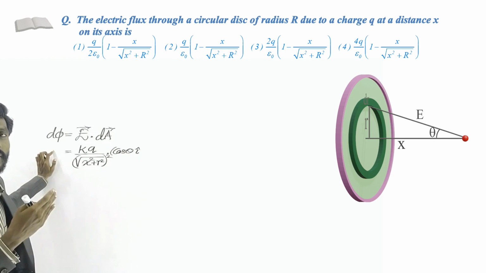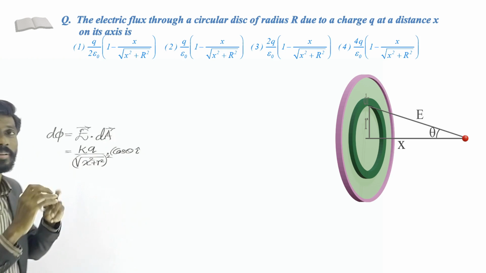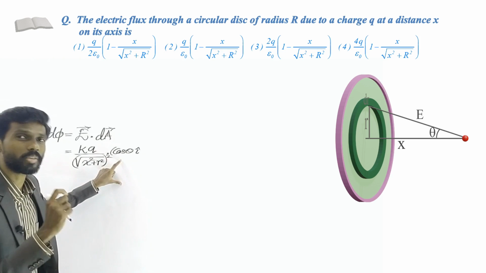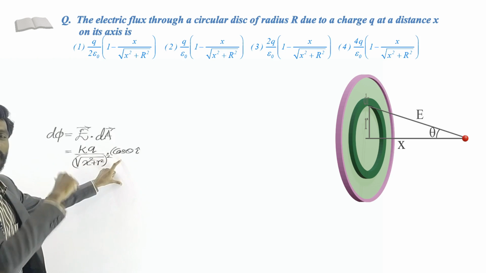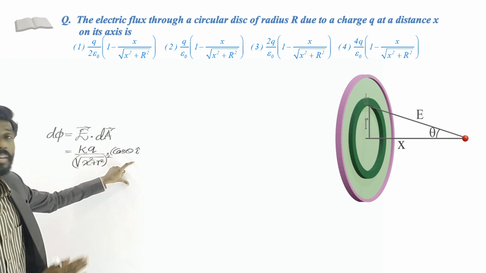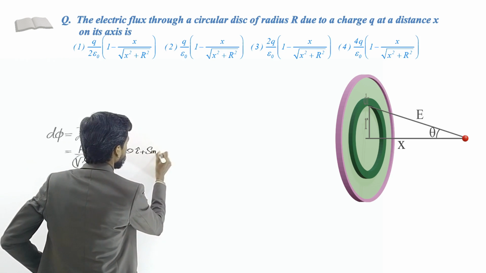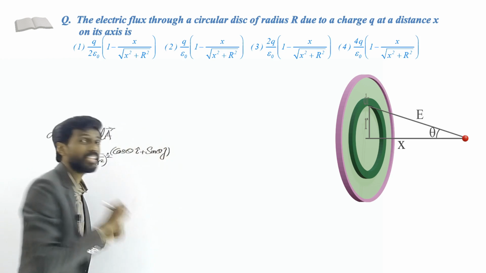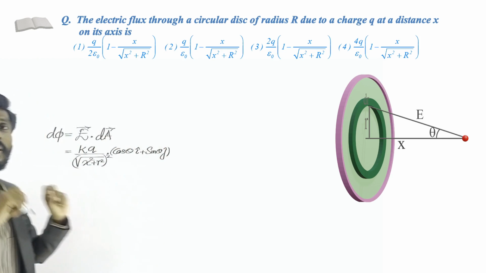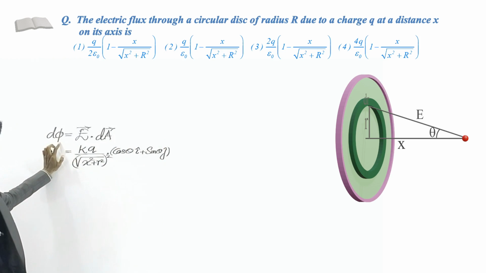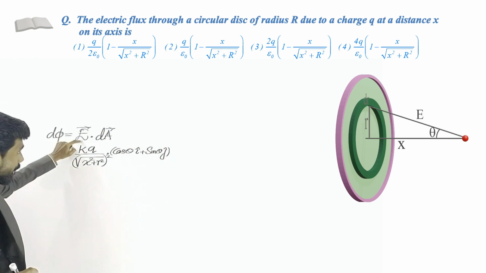For an open surface, the electric flux can be negative or positive. For a closed surface, it makes a difference. So I am taking positive only: cos theta i cap. Similarly, the vertical projection is sin theta j cap. This is the electric field vector.